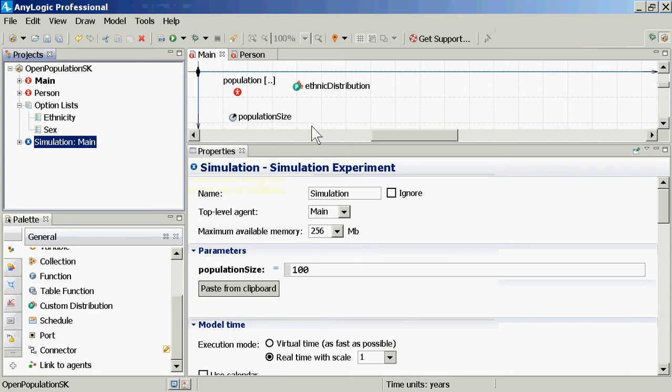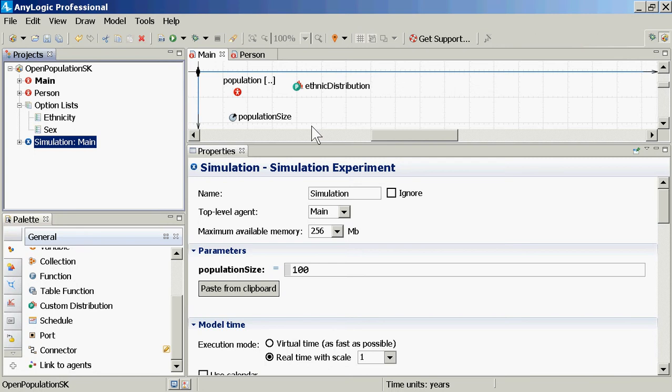So, ladies and gentlemen, we now have a population which exhibits characteristics that can be drawn from distributions that may match your populations of interest.